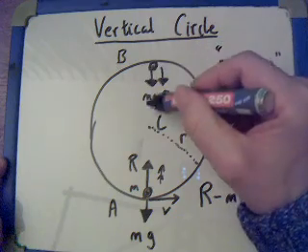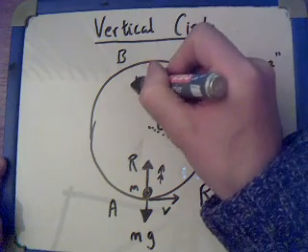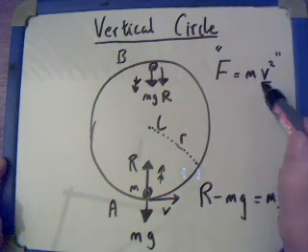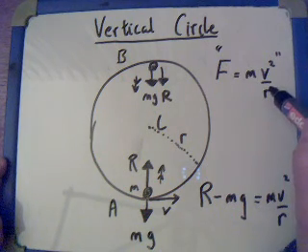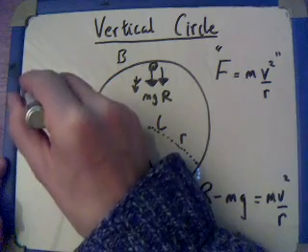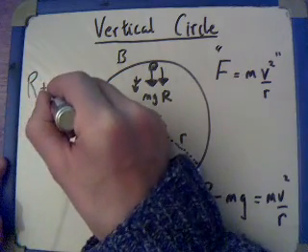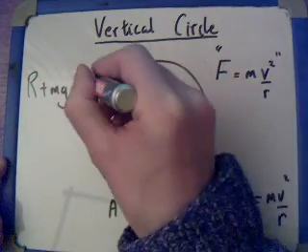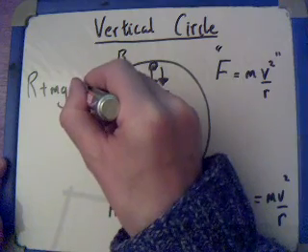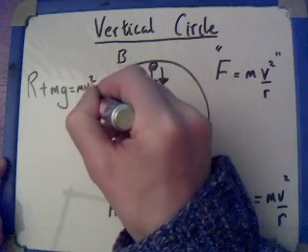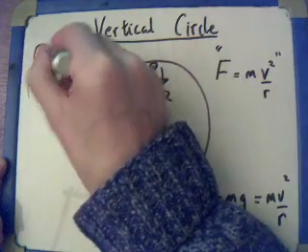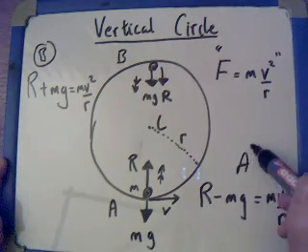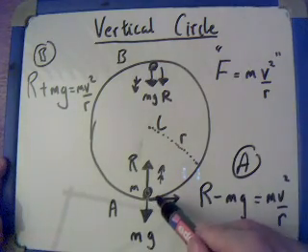The acceleration is still towards the center, so this time we apply the equation, the resultant force equals mass times the acceleration due to circular motion. We will get R plus mg is equal to mv squared over r. So that is the equation relating to B, and previously we had the equation relating to what's happening at A.